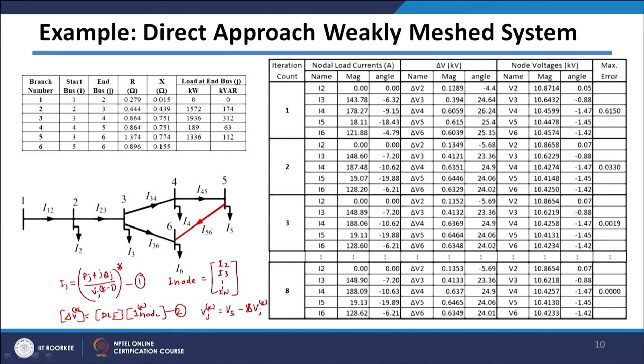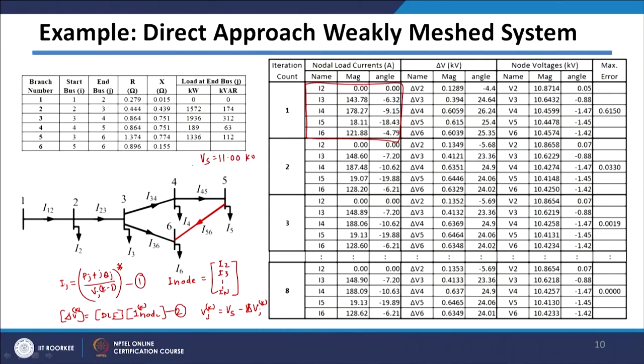And then, as explained in the case of the direct approach based method, the process gets repeated. That is, first get the nodal values of current. In the first iteration we calculated the nodal load currents using voltage equal to 11 kV at each node.